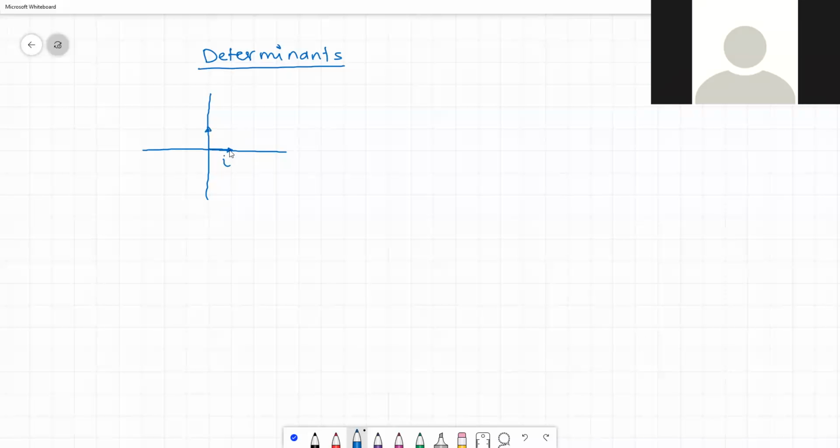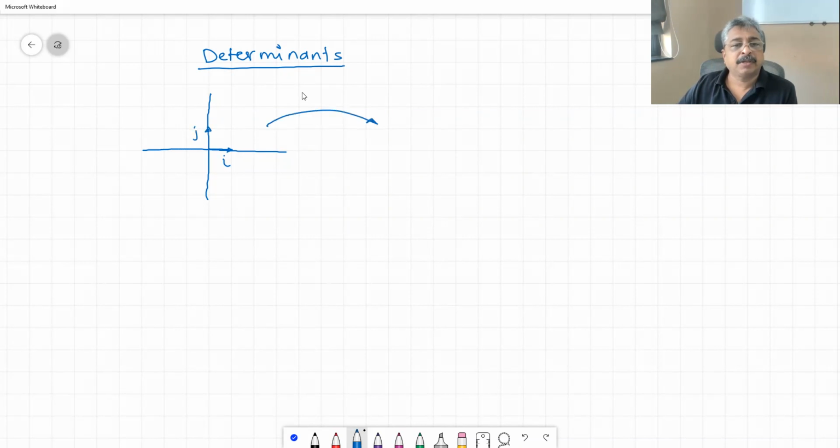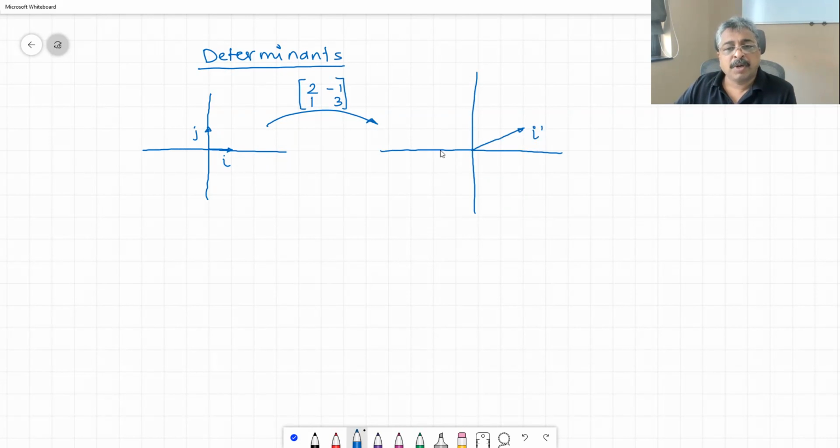Say for example, in a two-dimensional domain, if we use the matrix 2 1 minus 1 3, then the unit vectors in the domain transform to 2 1, this is I dash, and minus 1 3, this is J dash.